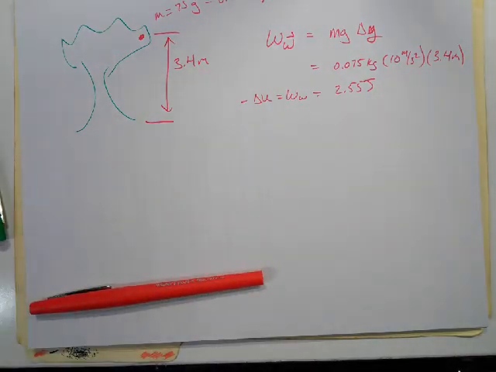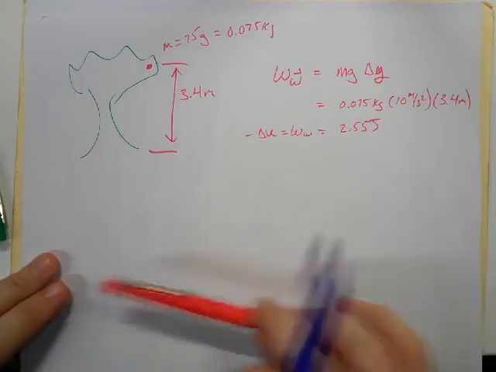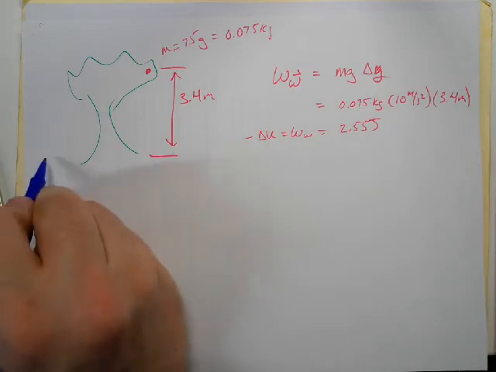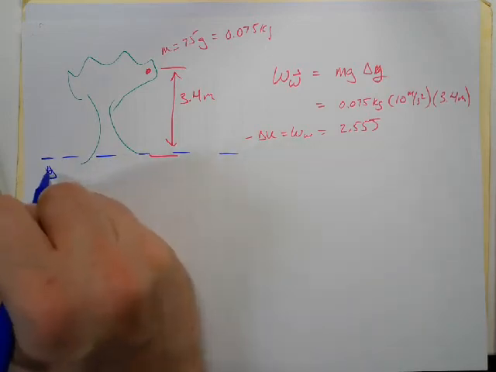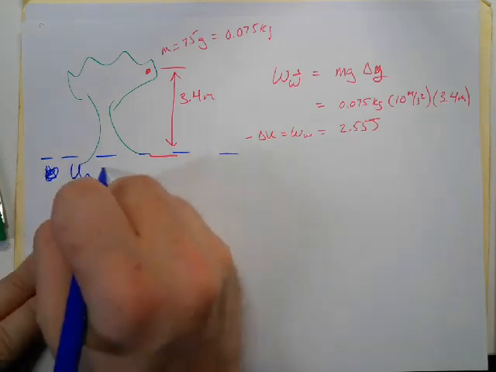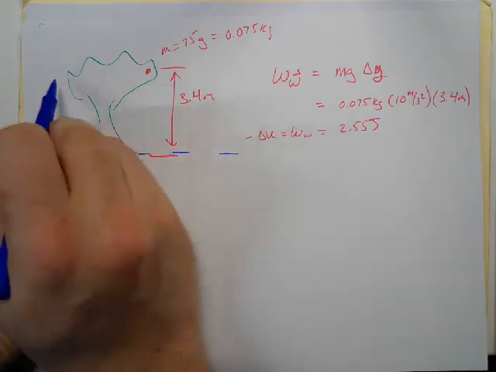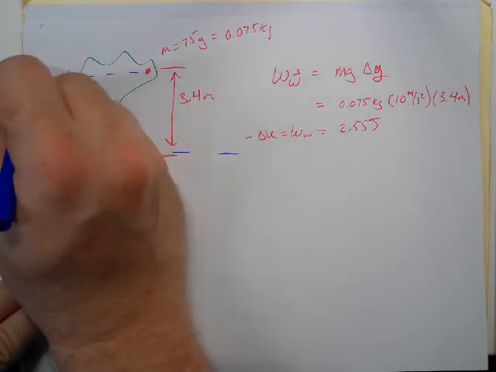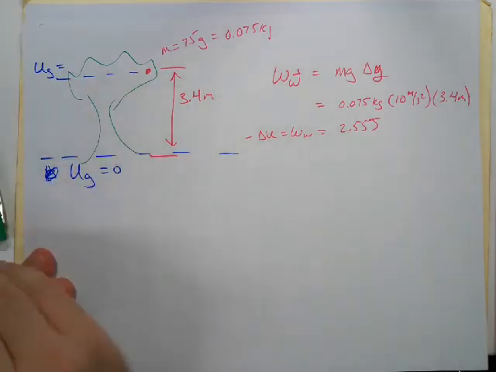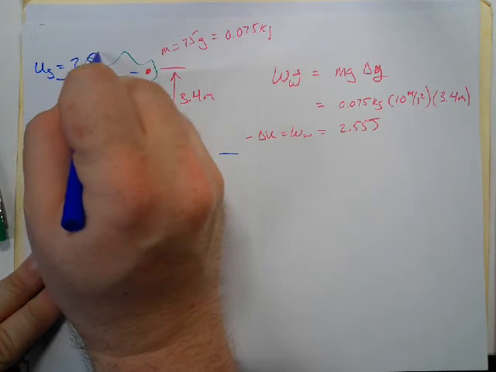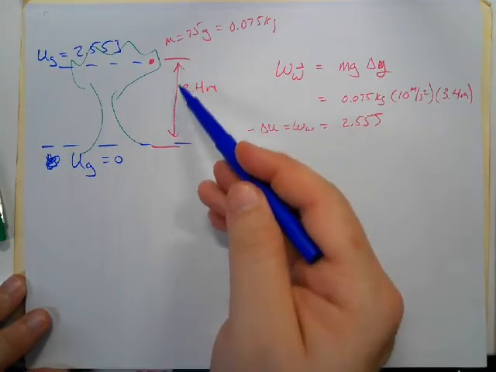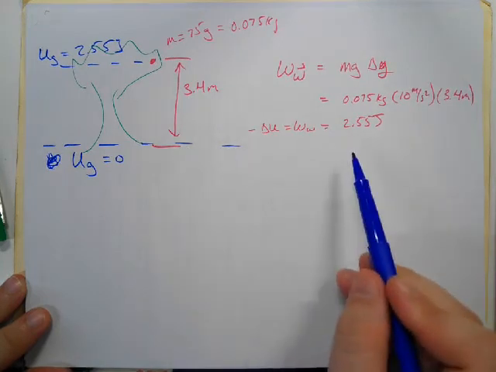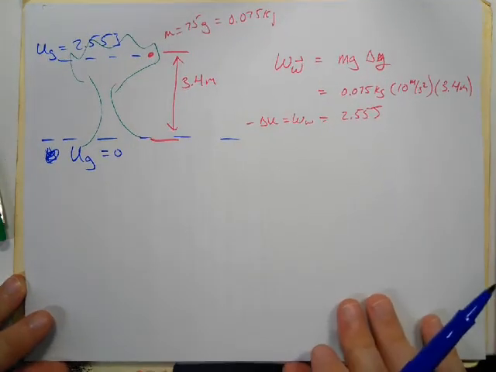So what that means is, in terms of this picture that I'm drawing here, which is everything sliding off the page, sorry about that, we can say this point represents the gravitational energy is 0. And at this point, the gravitational energy is 2.55 joules. And so when the weight force does the work of pulling this down, we lose that potential energy.